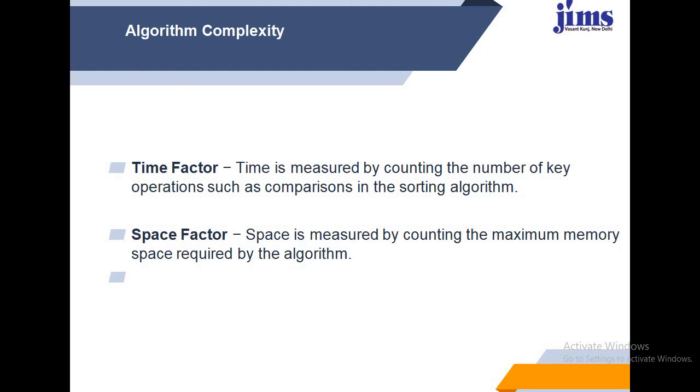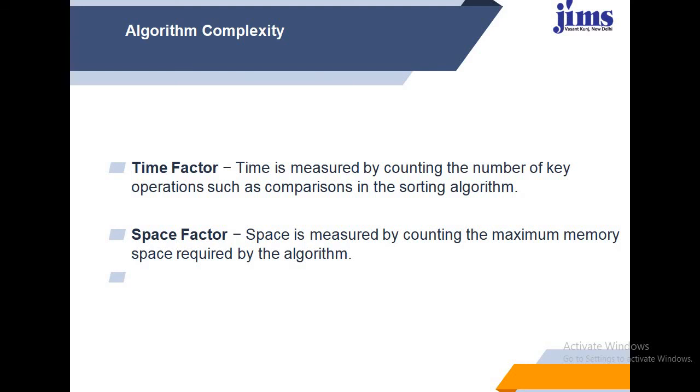In this algorithm, how many comparisons are you performing? If I am performing 10 comparisons then its time factor is 10. If your algorithm has 20 comparisons, then its time factor is 20. So time factor means how many comparisons you are performing in your algorithm. This is the time factor.